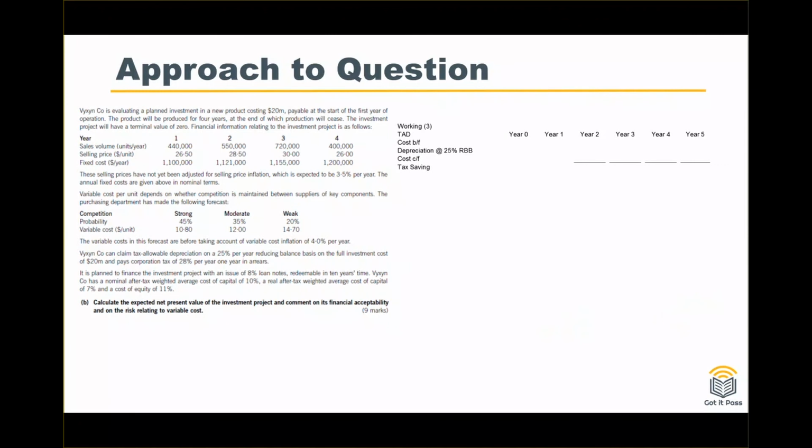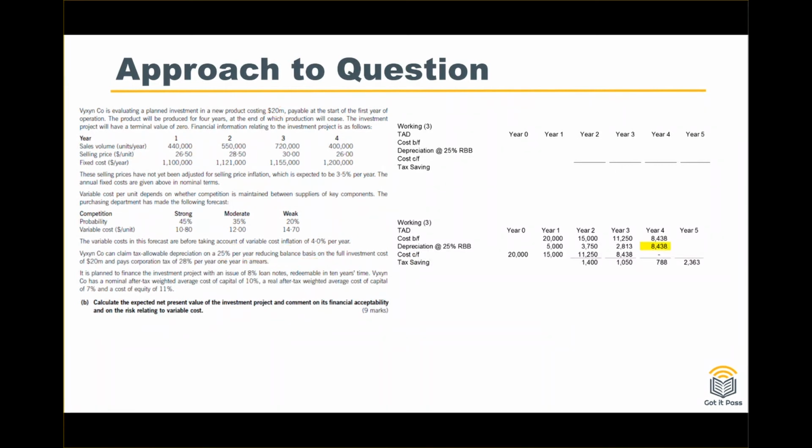The third working is about the depreciation allowance. Because it has a fixed investment of 20 million, with depreciation on a reducing balance basis.